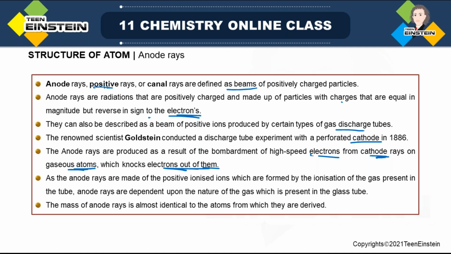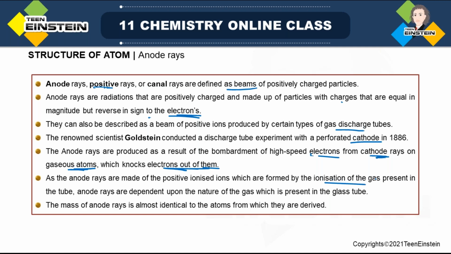So that is why anode rays are made up of positively ionized ions, which are formed by ionization of the gas. How is the ionization of gas occurring? It is happening because of this knocking out of electrons by the application of high-speed electrons that are coming from a cathode ray.